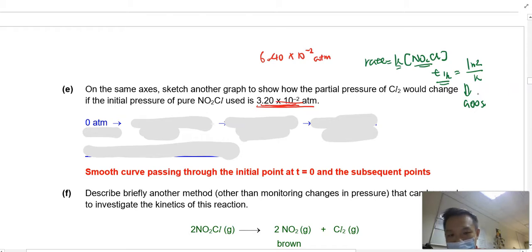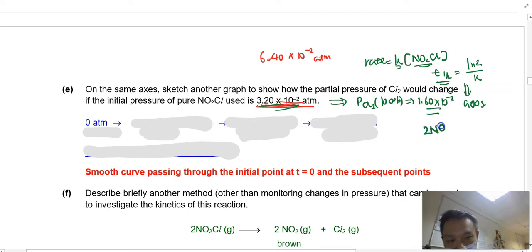Okay. Now the question is then, how do we work out the graph? Now, if you use 3.2 times 10 to the power minus 2, the partial pressure of Cl2 at 100% will therefore be equal to 1.60 times 10 to the power minus 2. How do I know that? Because of the mole ratio. 2NO2Cl is to 1Cl2. Right, so this is similar to what we discussed earlier on.